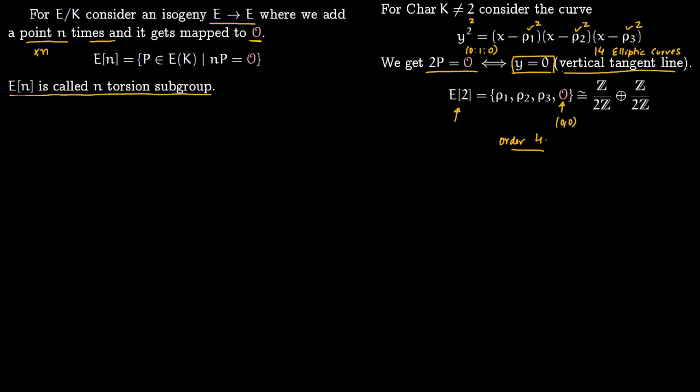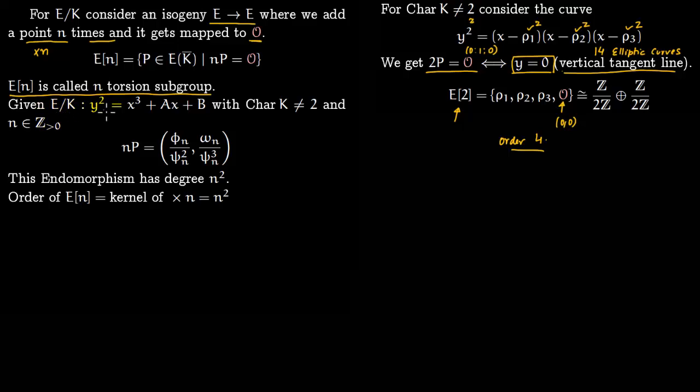So luckily for us, if you define an elliptic curve like this, y² = x³ + ax + b, again with the characteristic of the underlying field not 2, and n any positive integer, then nP is given like this: φn over ψn², then ωn over ψn³. These are all special polynomials called division polynomials.